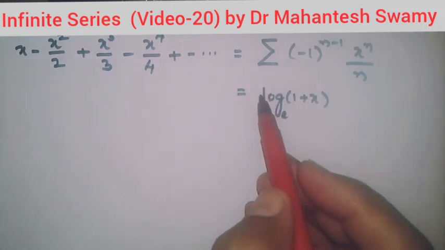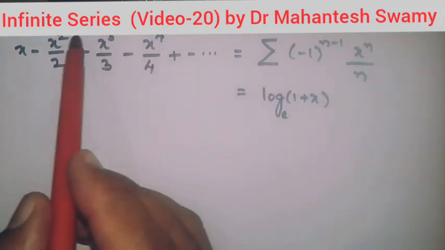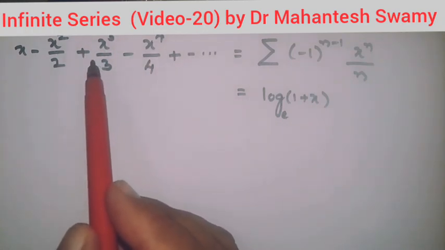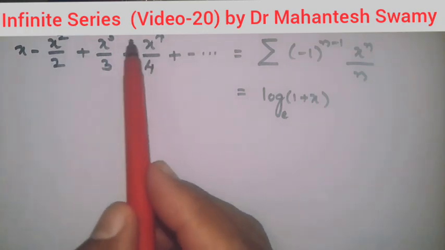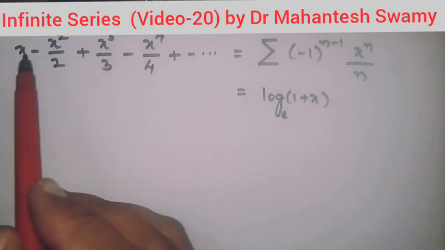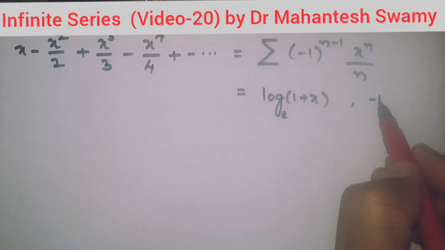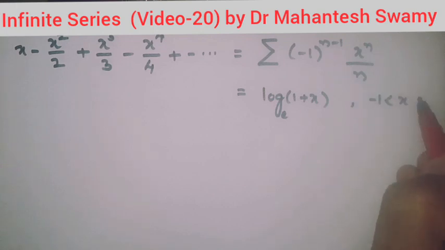One more thing we have to observe here is that this is an alternating series and it will become convergent. This alternating series will be convergent if the values of x lie between -1 and +1.